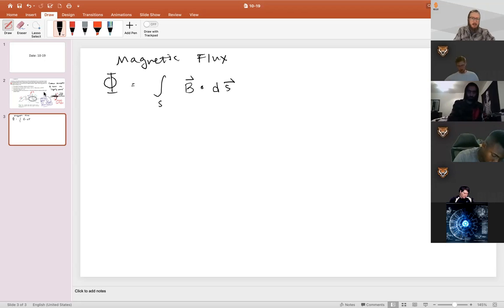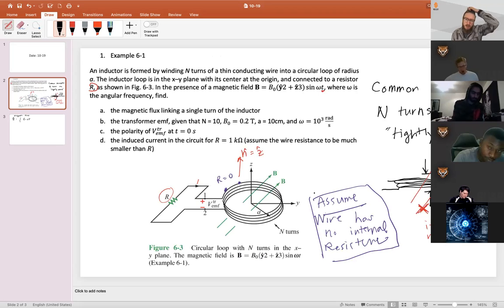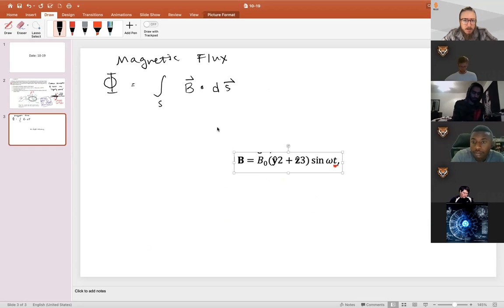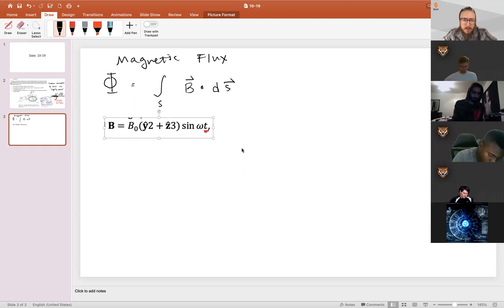So take a minute and see if you can determine what this magnetic flux is going to be. We know what the field is from this, so see if you can compute this integral on the flux. Take a minute on your paper and work this integral.